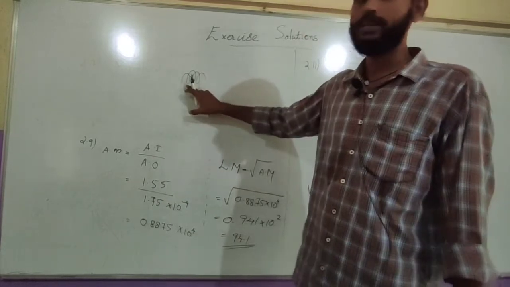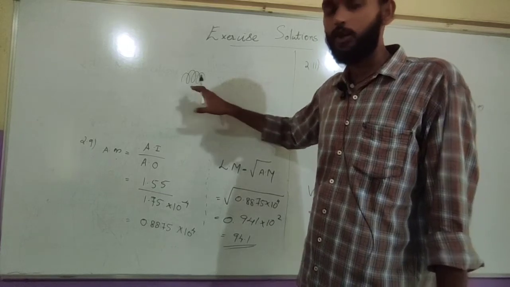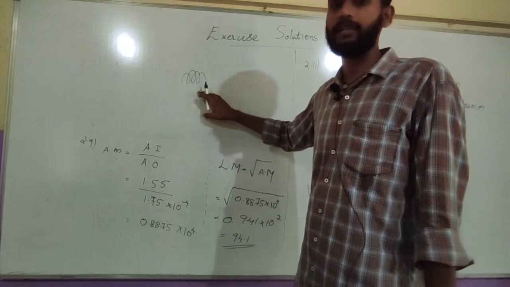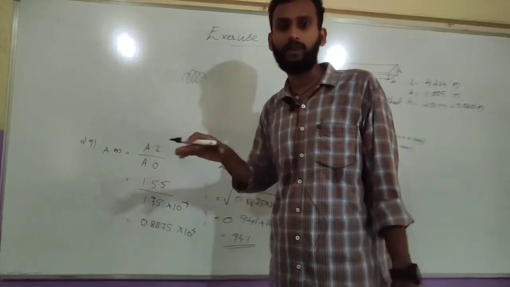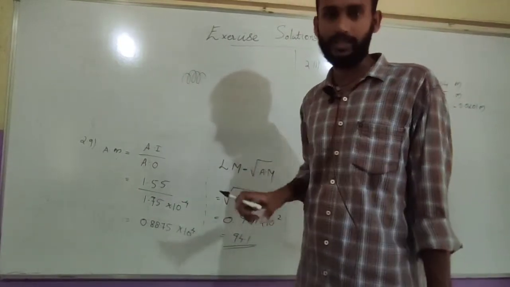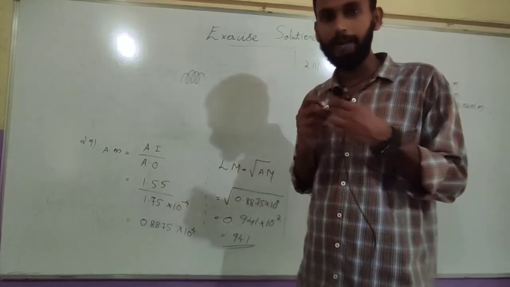Now you can measure the length of that coil-like structure. It may be about 5 centimeter, or 1 or 2 centimeter. Then you have to count the number of rings, the number of rounds that you have done.